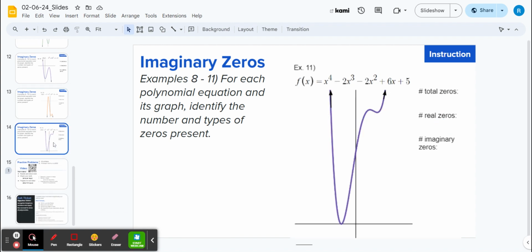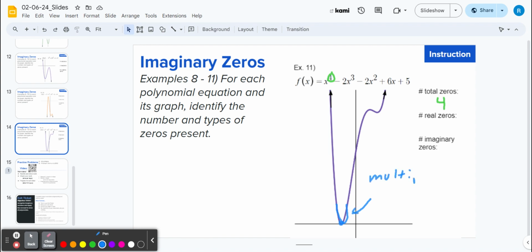And lastly, example 11. This one's the trickiest one, all right? We have a degree of 4, so we should have 4 total zeros. Now, I have a zero right here at my x-intercept. However, since this bounces back, it has a multiplicity, right?